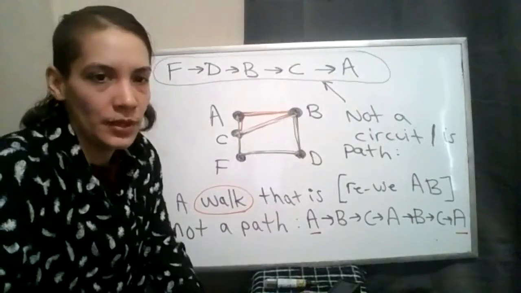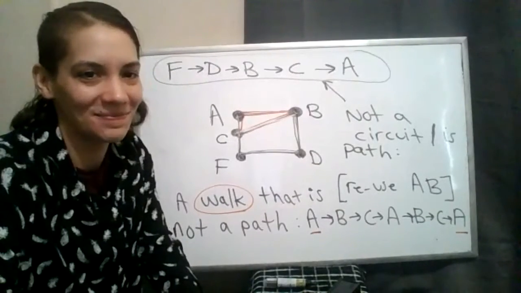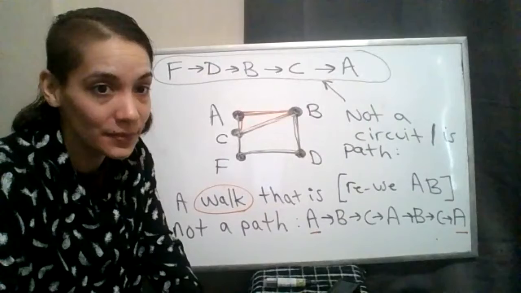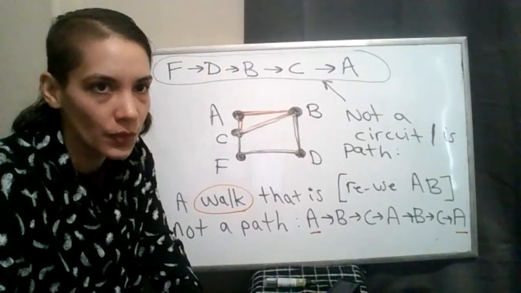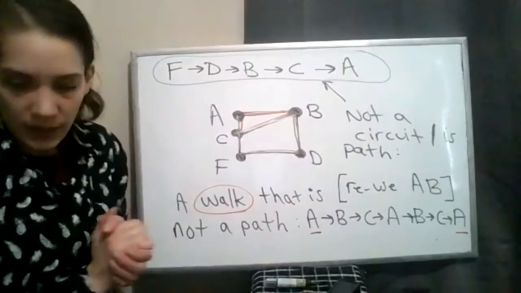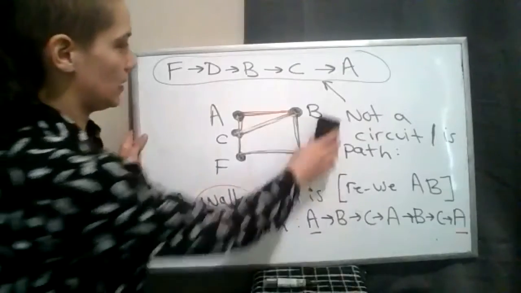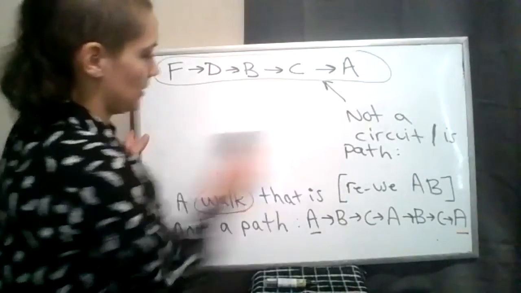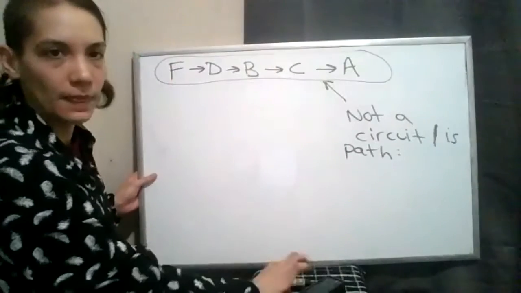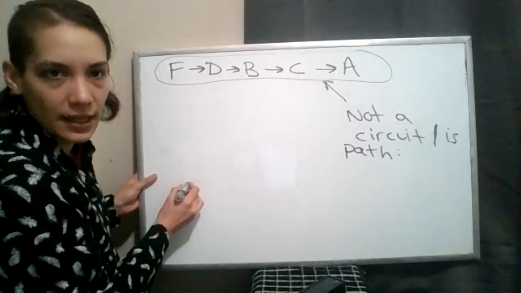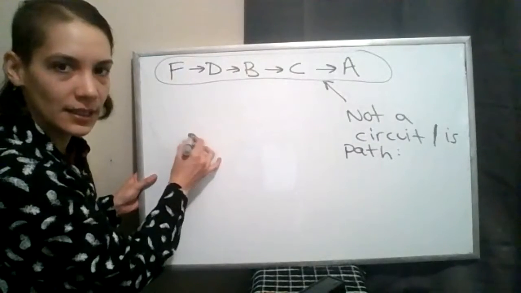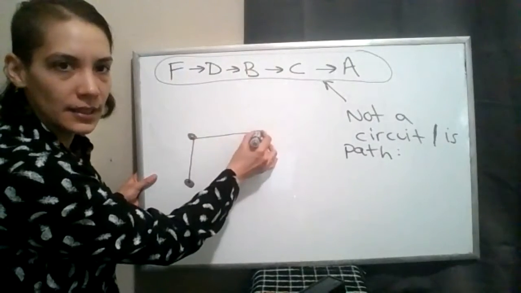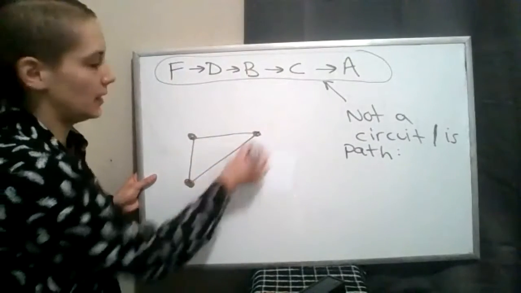Okay, some more examples. This one has a kind of triangle, like this vertex goes up to that vertex, goes over here, this connects, and then this goes down.